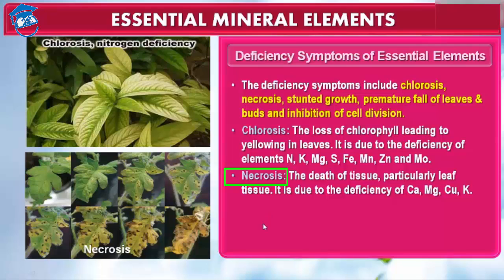And because of these eight elements, that is nitrogen, potassium, magnesium, sulfur, iron, manganese, zinc and molybdenum, chlorosis takes place. Because of potassium, necrosis also happens, and because of potassium, chlorosis also takes place. So potassium is the only element because of which both chlorosis and necrosis take place.